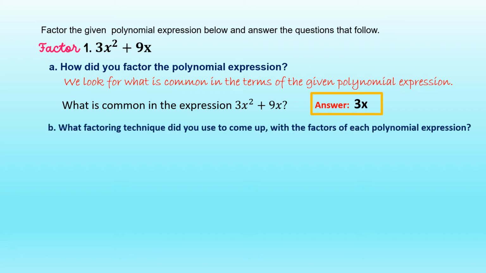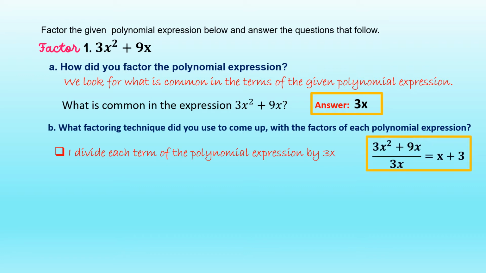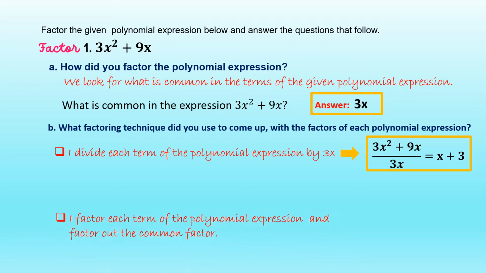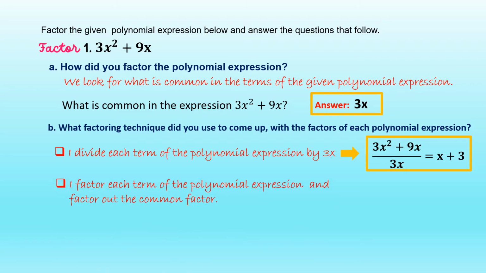What factoring technique did you use to come up with the factors of each polynomial expression? First, I divide each term of the polynomial expression by 3x. So 3x squared plus 9x divided by 3x is equal to x plus 3. Next, I factor each term and factor out the common factor.